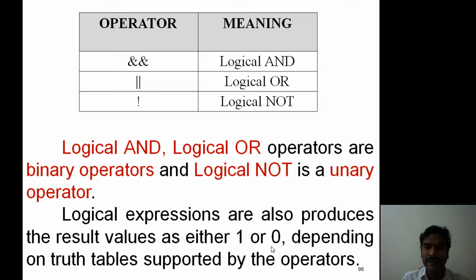But these values are produced based on the truth tables supported by each and every operator. So for every operator there is a truth table, so result values are scanned from the truth table. Now we discuss the truth tables of logical AND, logical OR and logical NOT operators.